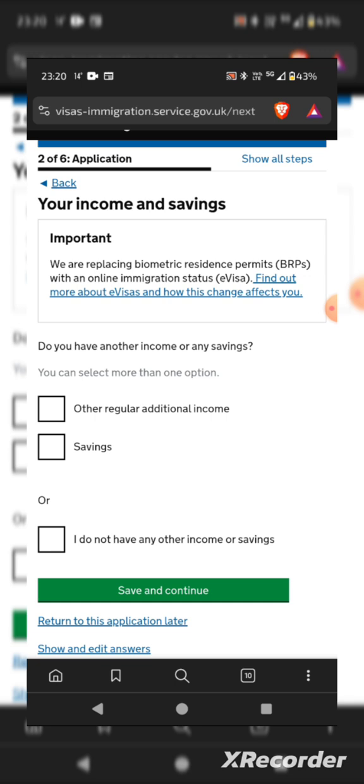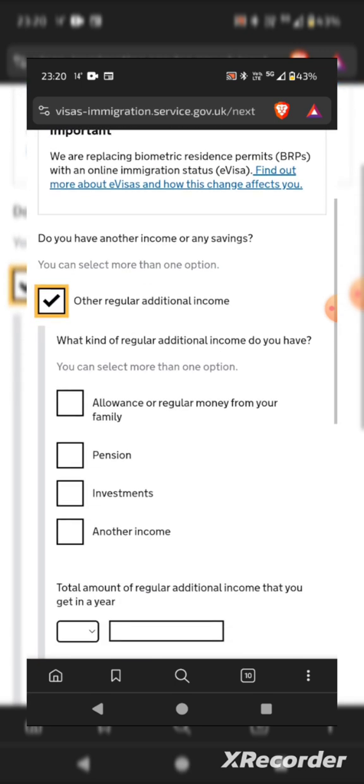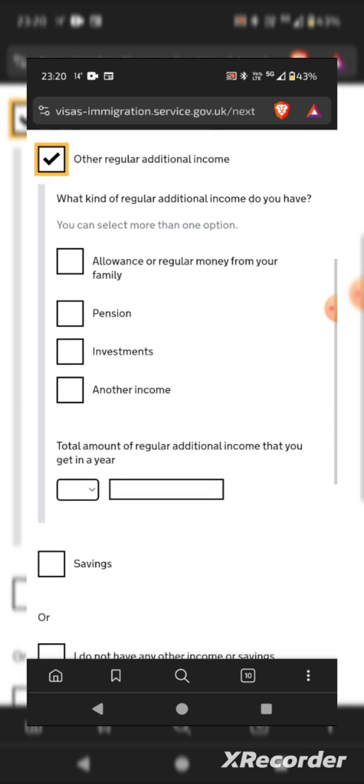So if you take example, other regular incomes, you will need to talk about them. What kind of regular additional income do you have? Is it an allowance or regular money from your family? Is it from a pension? Is it from an investment? Or simply another income, like another job? So you will need to make mention of that.